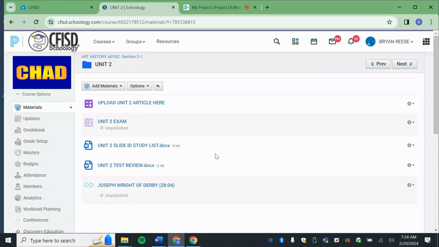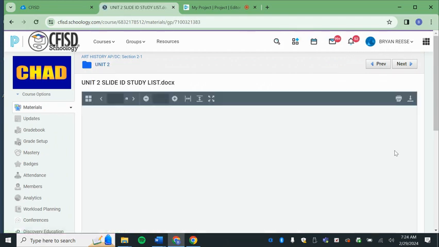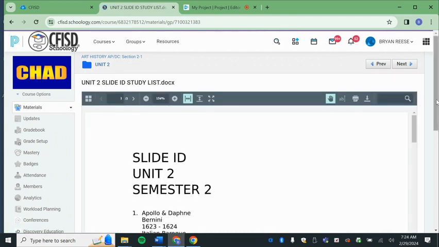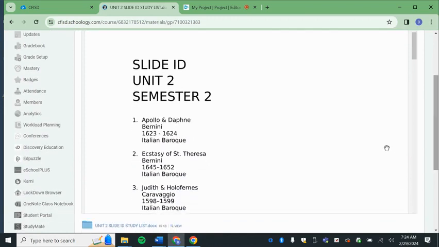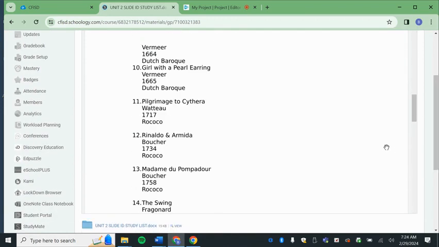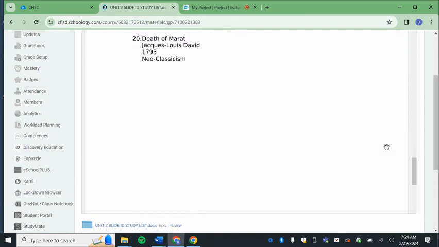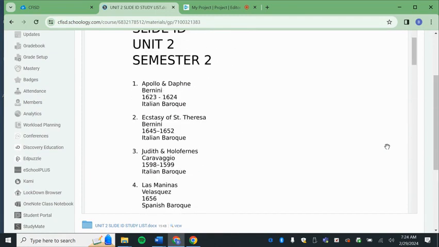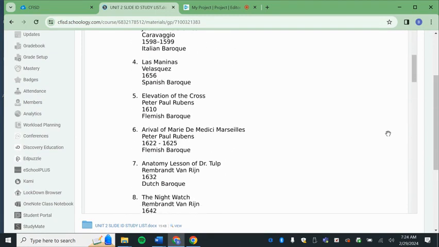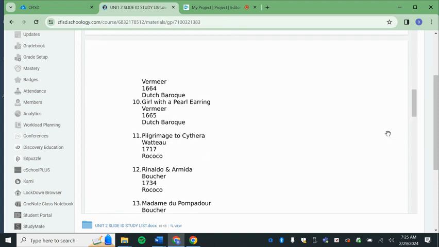Okay, if you go into Unit 2 in your Schoology, there is a slide ID study list. You can go in here and see all of the artworks that will possibly be on the slide ID test, and a lot of these artworks are on the test as well.